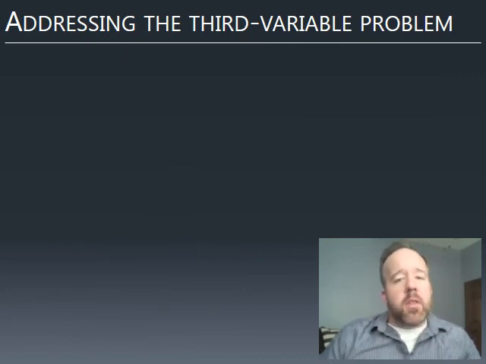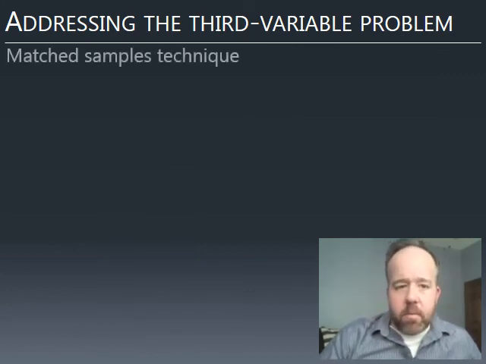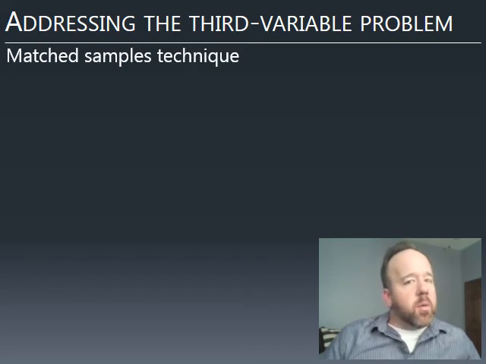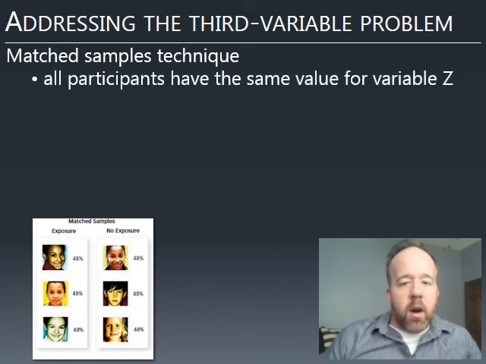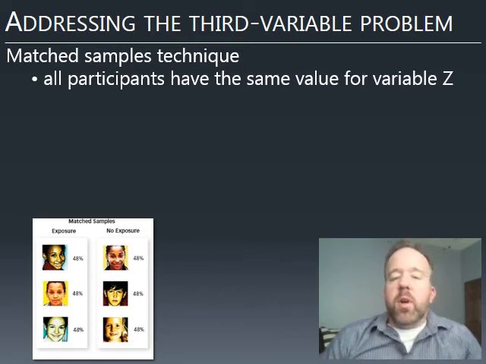So how do you deal with that just from those data? Well, you can't with just those data, but you can apply an additional technique to alleviate that third variable problem. One way of doing it is what's called the matched samples technique. And that's where whatever the variable Z is, in this case parental supervision, everyone is the same.